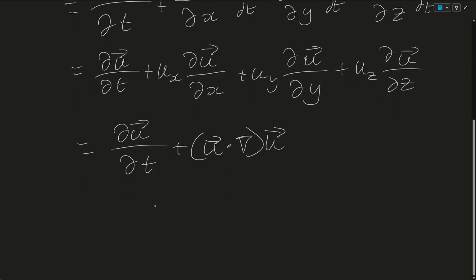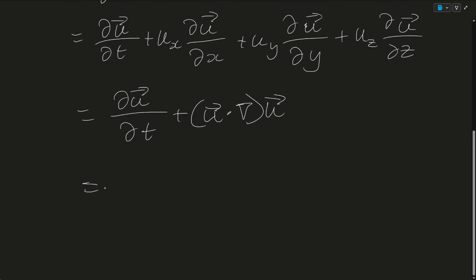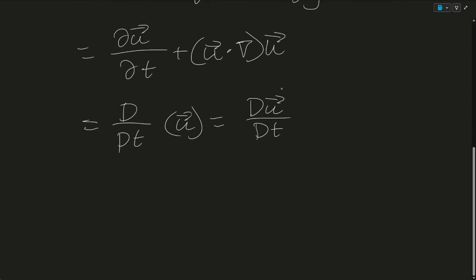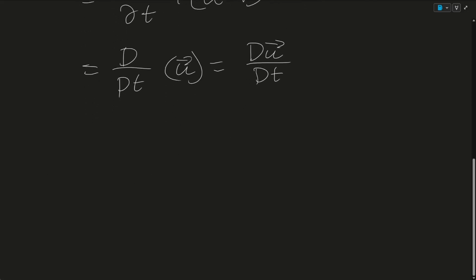That's the same thing, and so we denote this with something called the material derivative operator, which is D/Dt, and our function here is just u, which is Du/Dt. That is just a capital D.